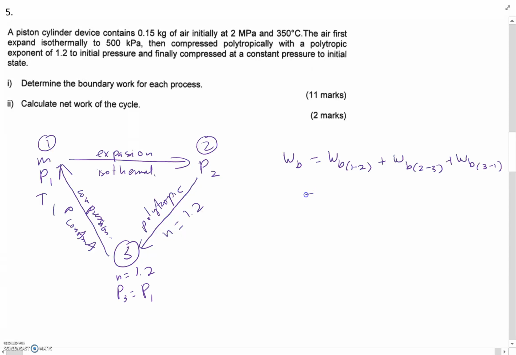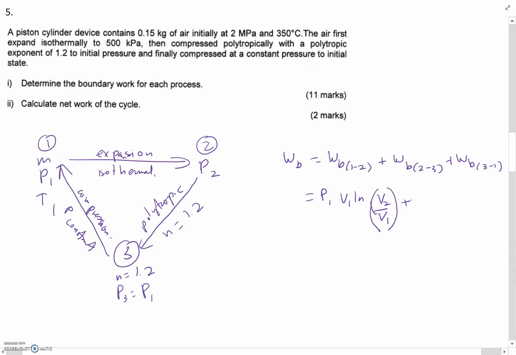You need to find each of it. The first process, expansion, is isothermal. What is the equation for isothermal? P1 V1 ln V2 over V1. So find the value for each of these.